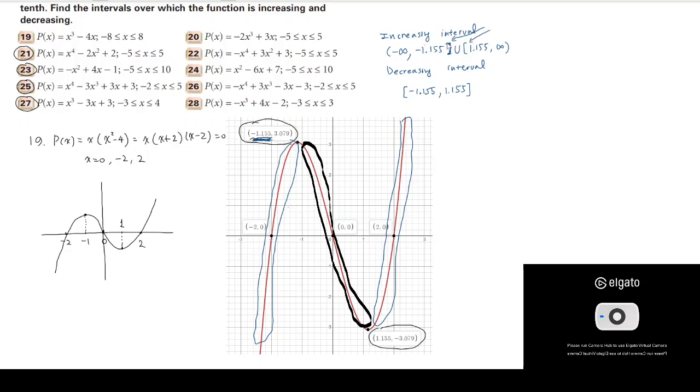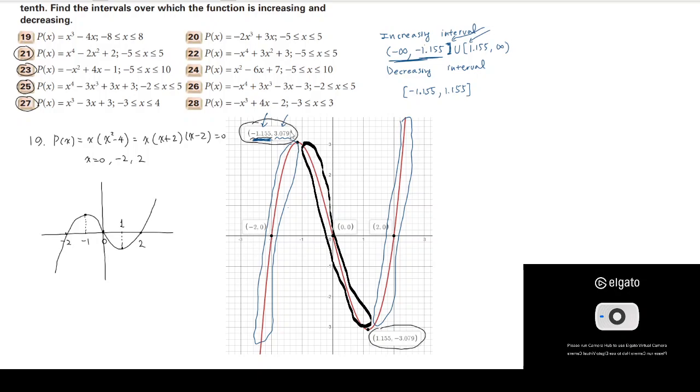The only reason that I prefer to use a bracket is that if you go from, let's say, for the increasing interval here, if you have a value that is slightly to the left of this value, its corresponding y value will be less than this one, okay? If you go slightly to the right from that point, you will reach this point, negative 1.155. In that case, does the y value increase or decrease?